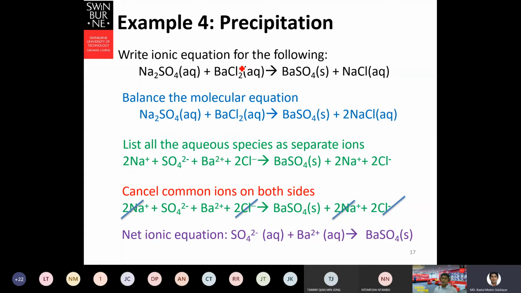We can also write the molecular equation, but it does not give us the information of what ions were involved in the production of that particular solid, the precipitate. In the molecular equation we cannot find it, but from the ionic equation we can find it.